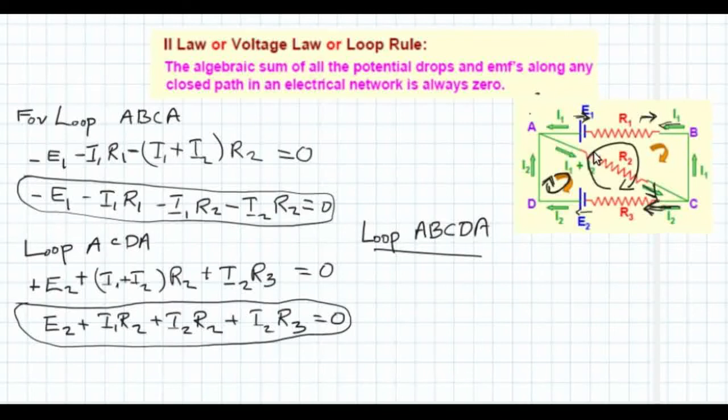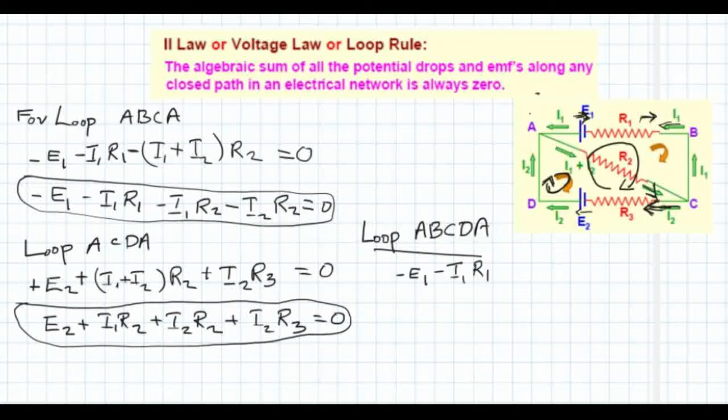Then what about the source? For the source E1 we are moving from positive to negative, so the final destination is negative for E1. So it is minus E1. And for E2, if you move like this, you can see that you are moving from negative to positive. So the final destination is positive. So plus E2.